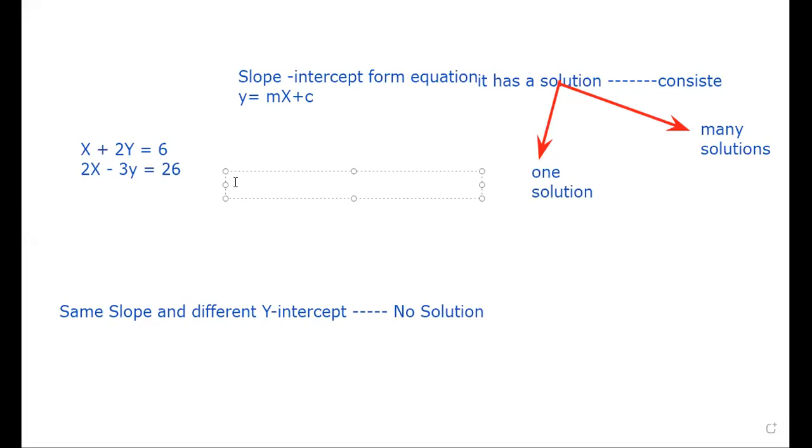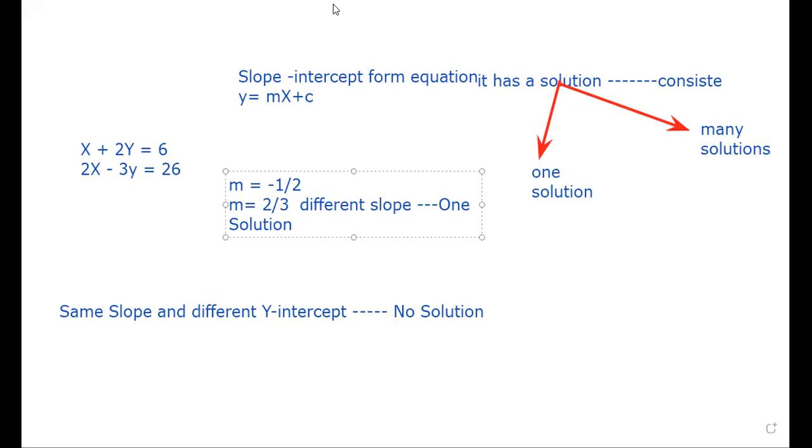Then for the first equation, the slope will be negative 1 over 2. For the second equation, negative a over b, then negative 2 over negative 3, it will be 2 over 3, which means we have different slopes, which means we have only one solution.